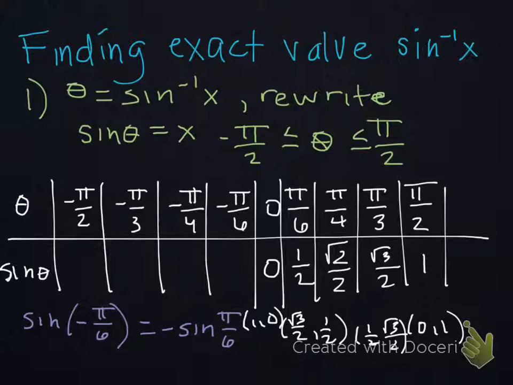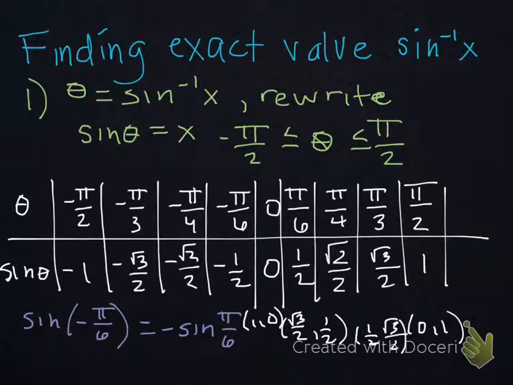So the answer is still going to be a half, it's just going to be negative. So this whole chart repeats itself just with negatives. Here's a negative root 3 over 2, and here's a negative 1.